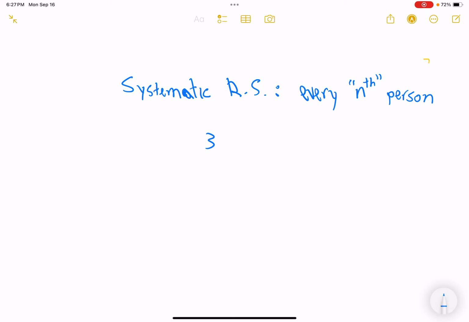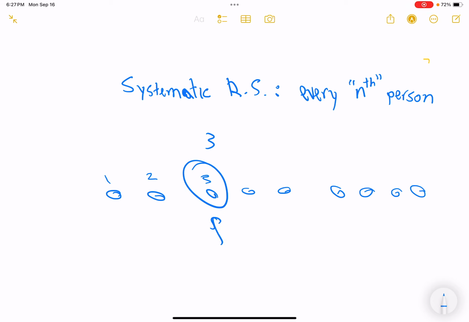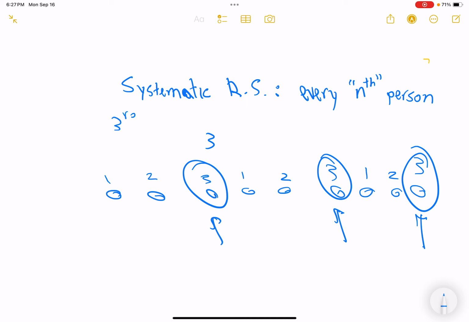Let's say I pick 3. Then for every person, I'm just going to make these circles into people, right? I go 1, 2, 3, I'm going to sample you. 1, 2, 3, I'm going to sample you. And so on and so forth. So this would be every 3rd person for n.